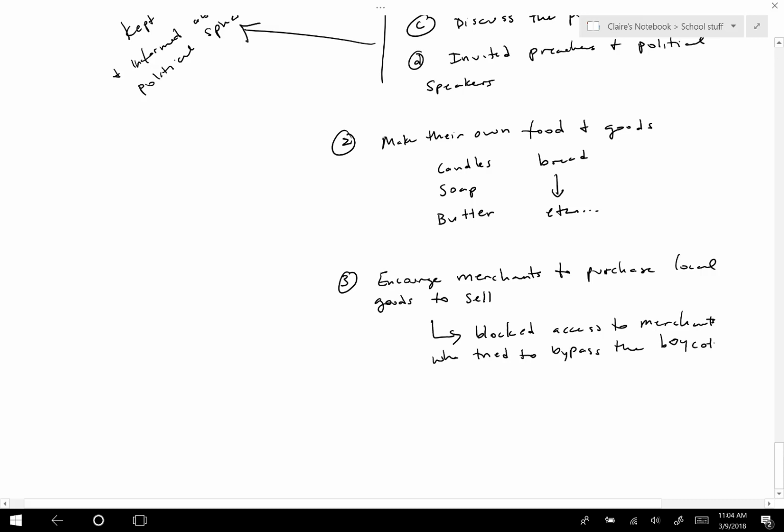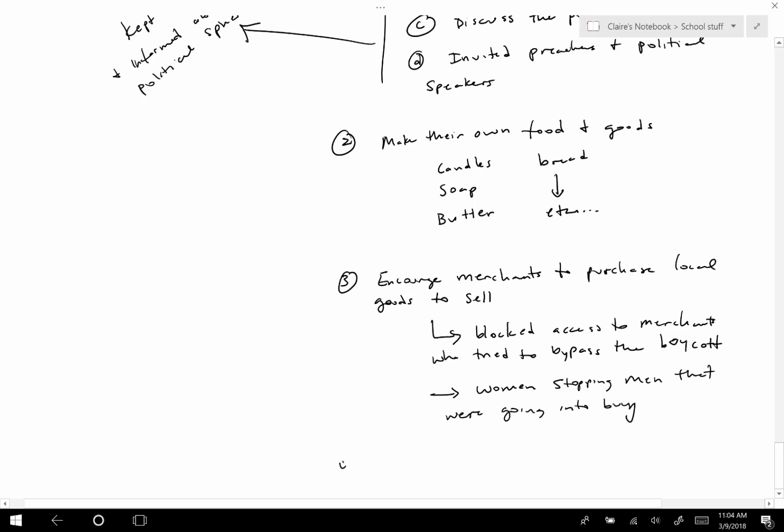If they heard of someone that was trying to actively sell these goods openly, they would actually go stand in front of the store and block it. There were also stories of women physically stopping men that were going in to buy goods that were not homespun.